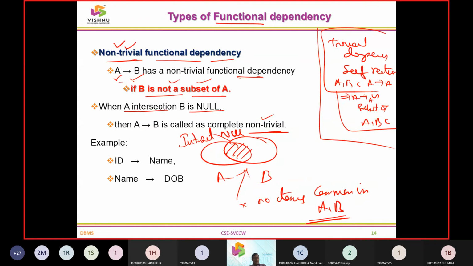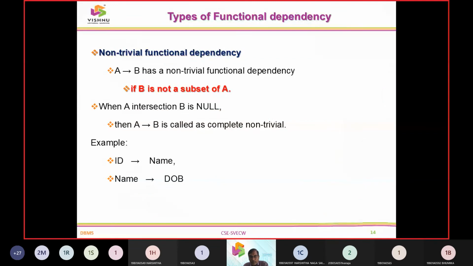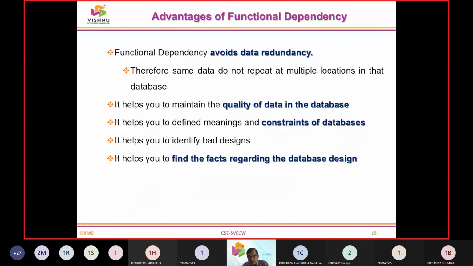Here is an example: ID to name, then another is name to date of birth. There is no common point in this case, so the intersection is null. Then we say these are non-trivial functional dependencies.